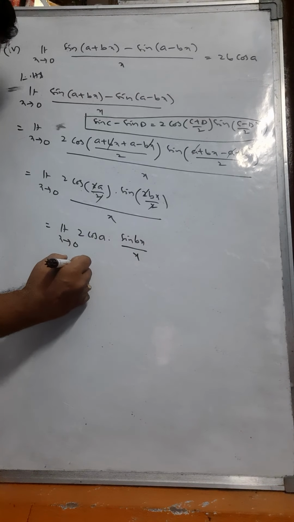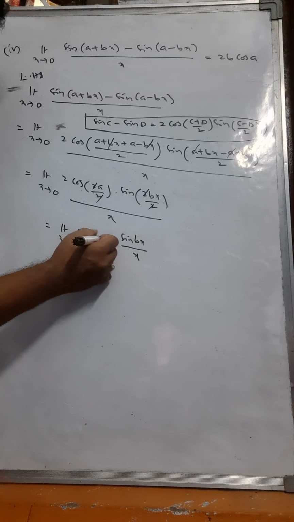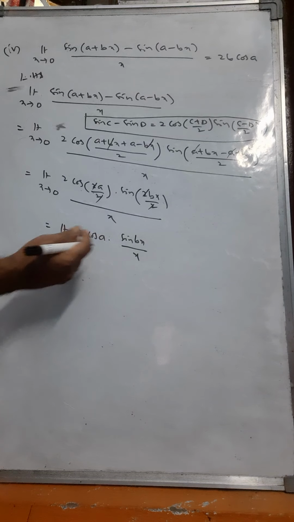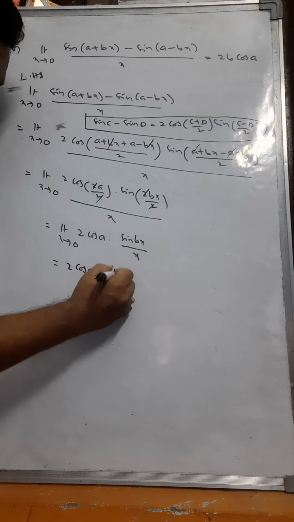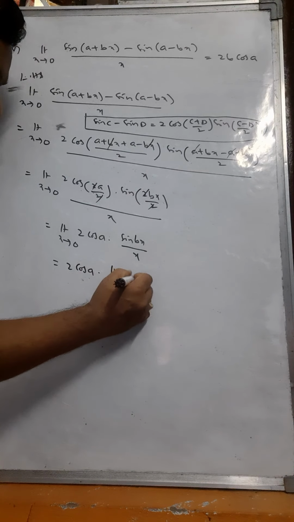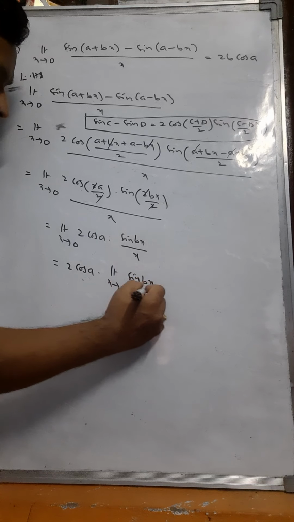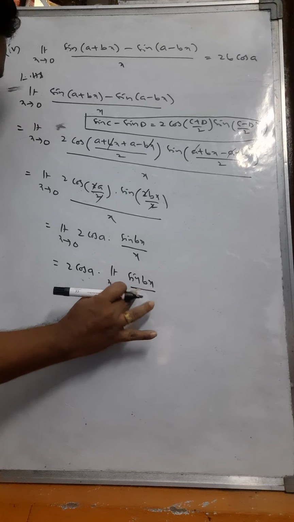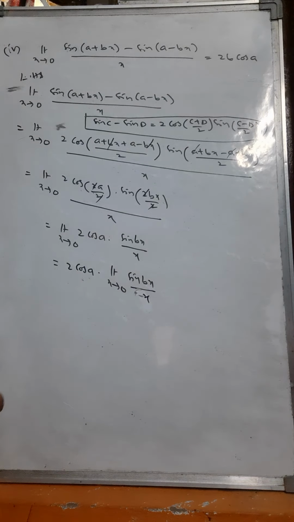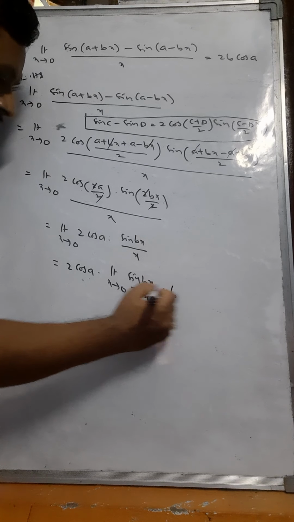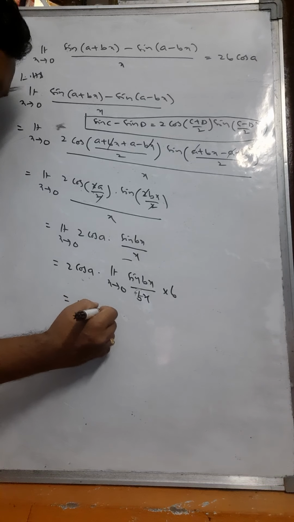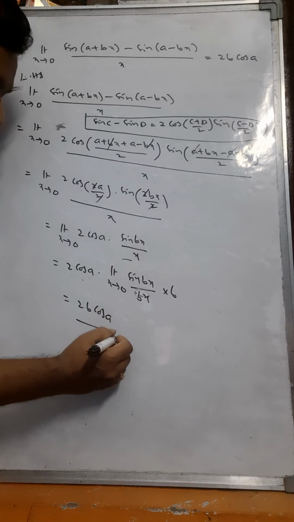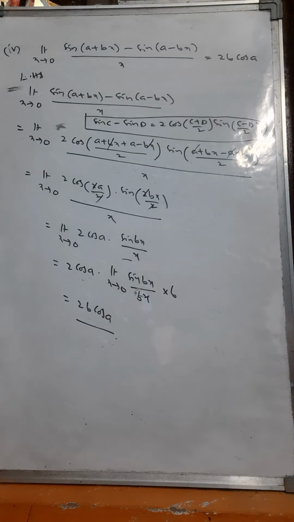Now 2 cos a is a constant, independent of x, we can take it outside. So 2 cos a into limit x tends to 0 of sin bx by x. Now multiply and divide with b, so this value becomes 1. So that is nothing but 2b cos a.